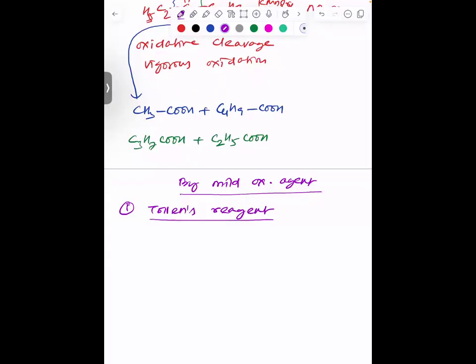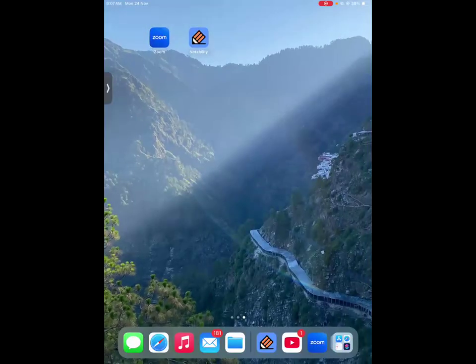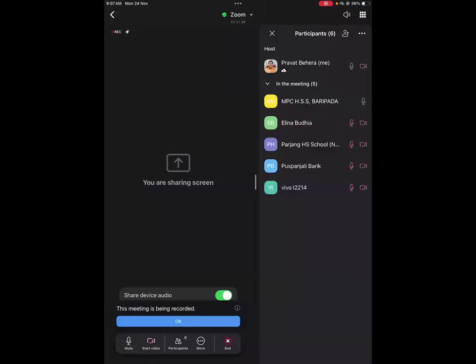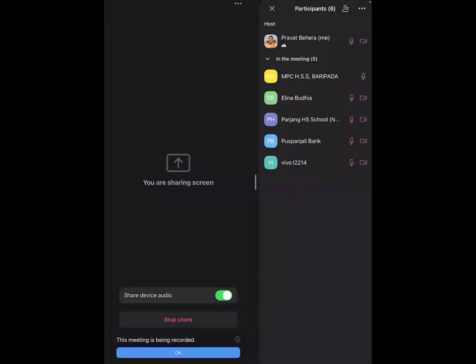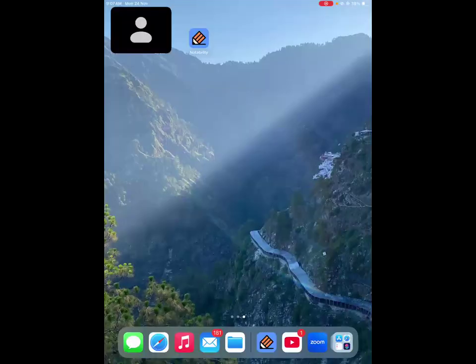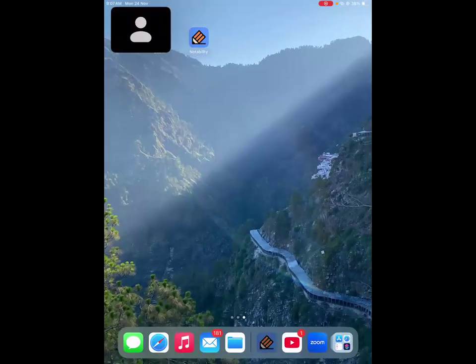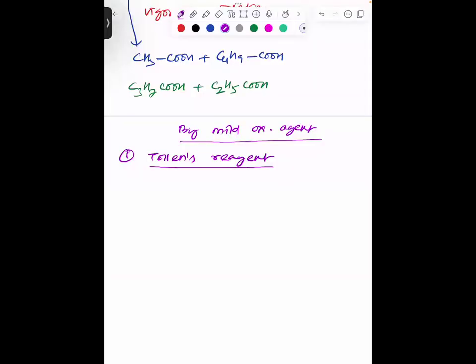Up to this, any difficulty, students? Any difficulty up to this? If yes, then you can raise your hand. Okay. Next, Tollens reagent. What is Tollens reagent?